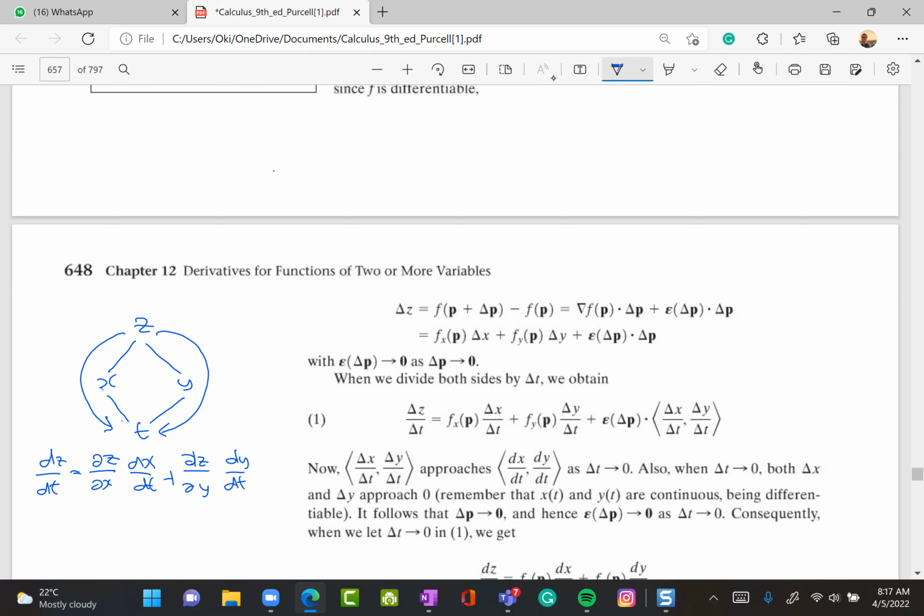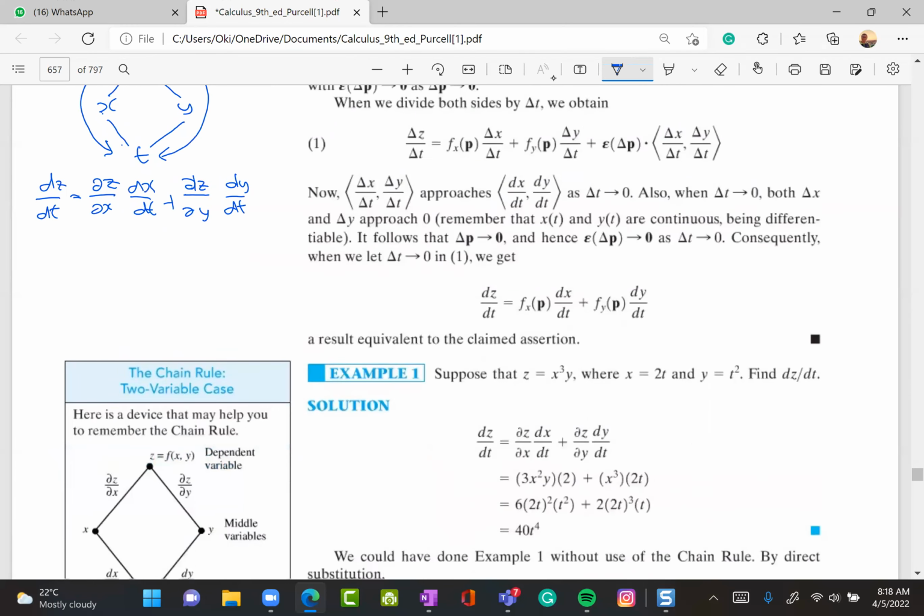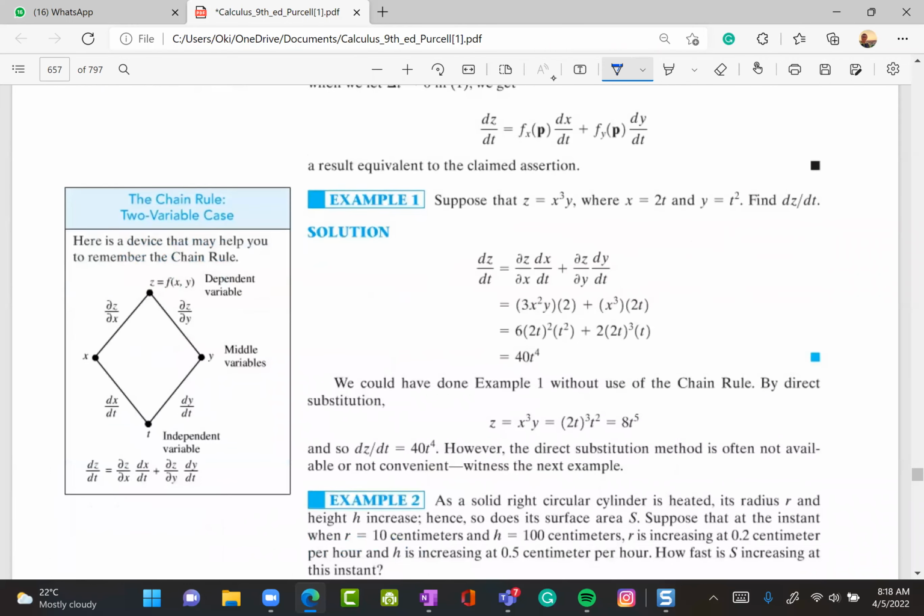It looks like this in the diagram. So let's write it down. This is how to remember this rule.